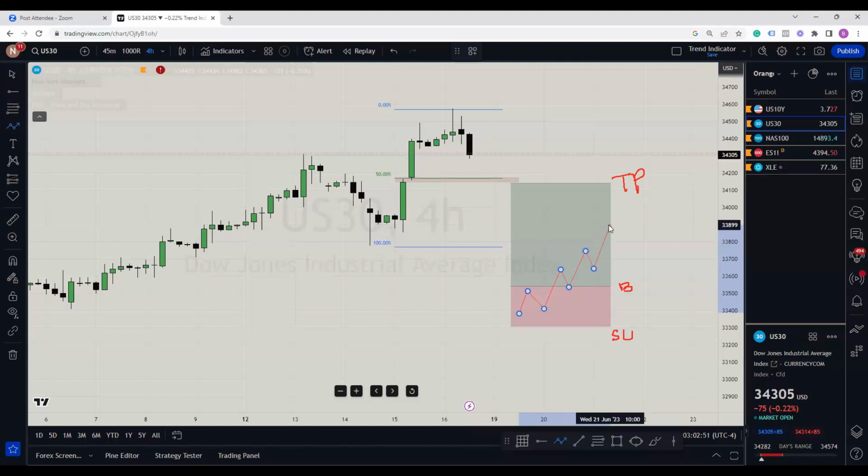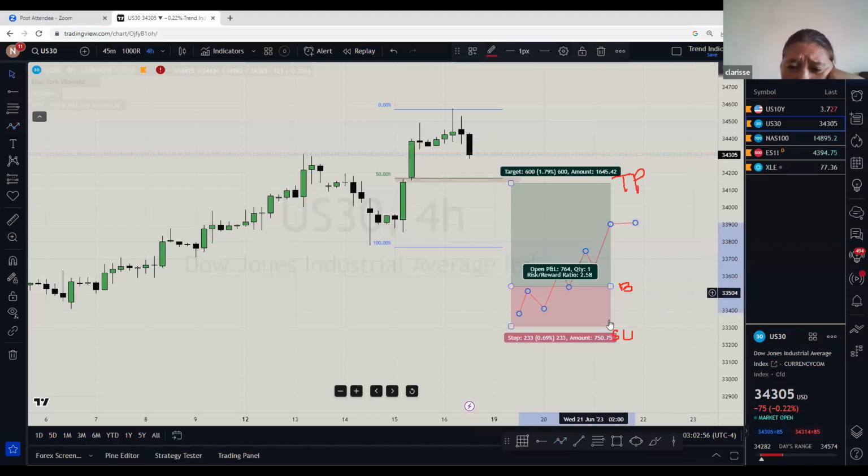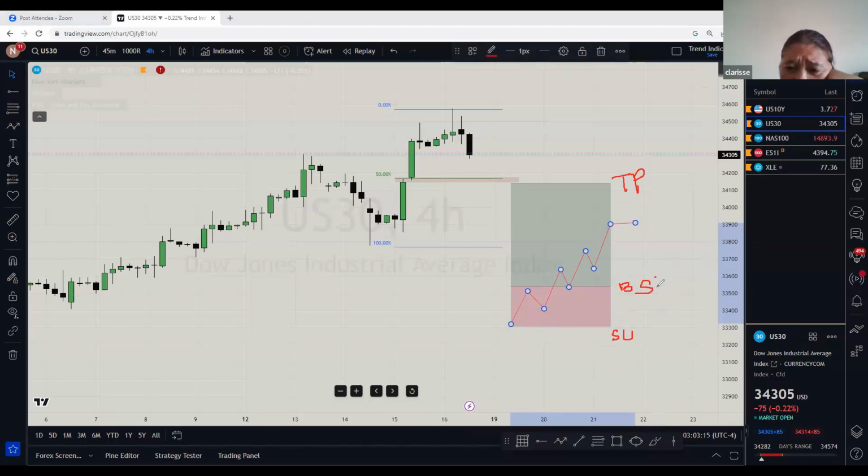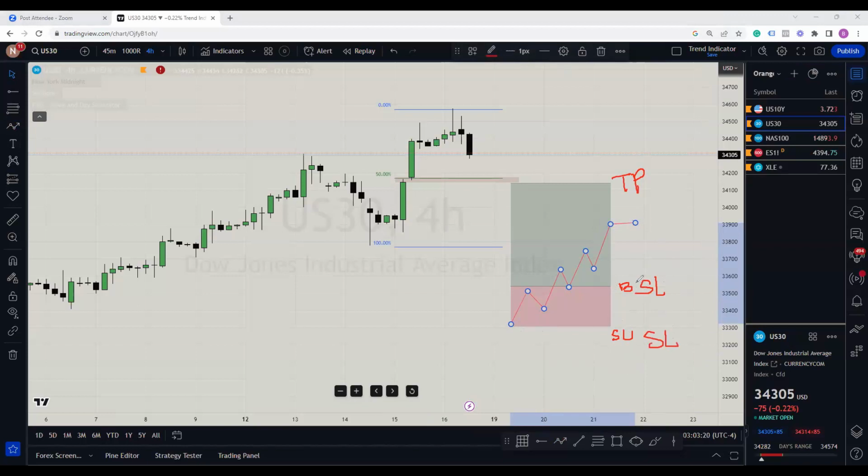But now the session is coming to the end, and the target is not yet achieved. What are you going to do? Originally your stop loss is below here. What you can do is adjust your stop loss from here to your buying price. So now your stop loss is at the same level as your buying price. Initially, your stop loss is here when you enter the trade, and this is your buying price, and your target is up here.